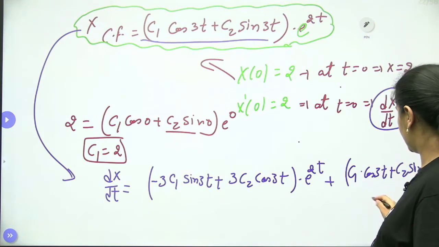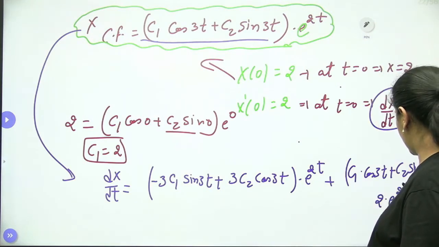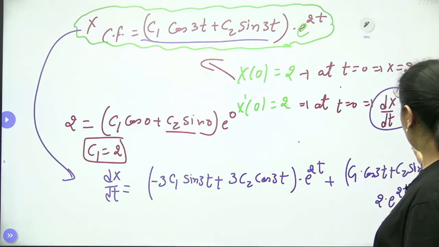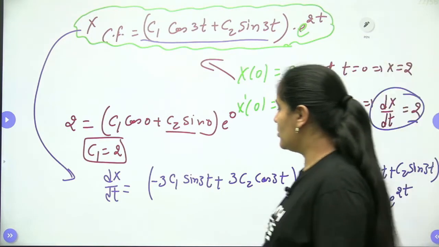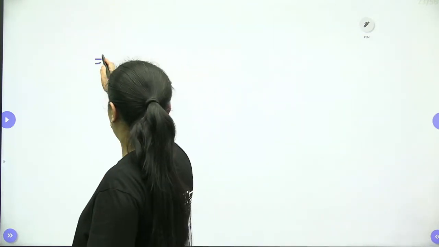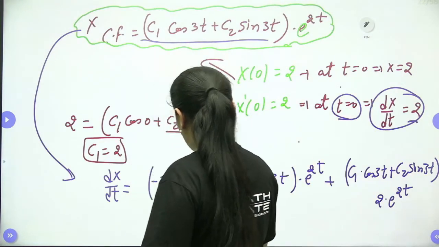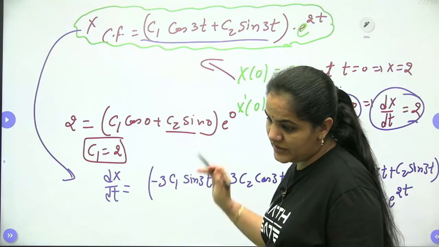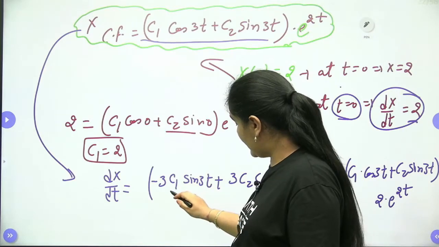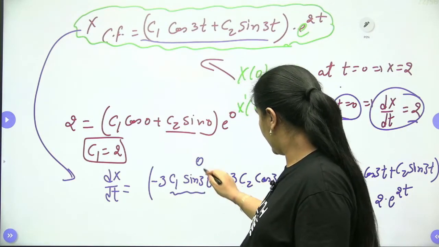Now the differentiation of this one will be 2 into e to the power 2t. Let's put the condition dx by dt is equal to 2 at t equal to 0. So when you put t equal to 0, what does it become exactly, guys? The sine term becomes 0, right?